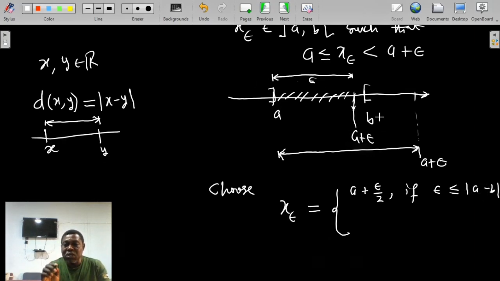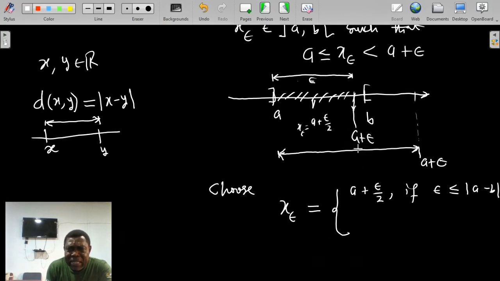If we choose this, you'll find that in that particular case, x epsilon equal to A plus epsilon over 2 will give us somewhere here. So if I call this x epsilon, you will see that it satisfies what we are looking for, because it lies between A and A plus epsilon.